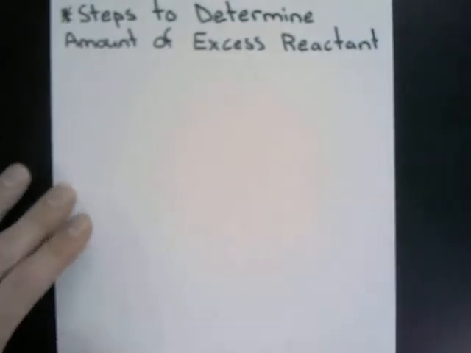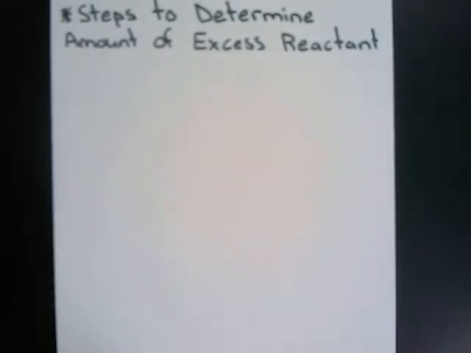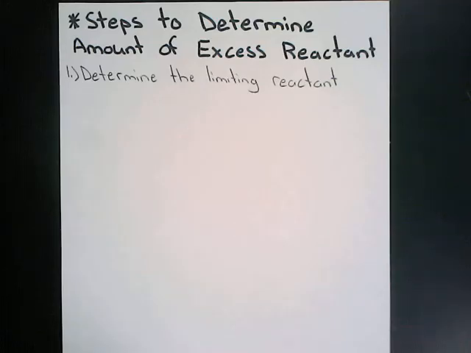To figure out how much excess reactant is remaining, the first thing you need to do is determine the limiting reactant of the reaction. The second thing is to convert the grams of the limiting reactant to grams of the excess reactant.